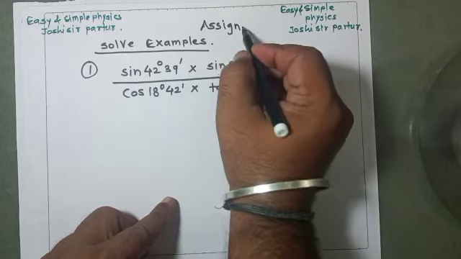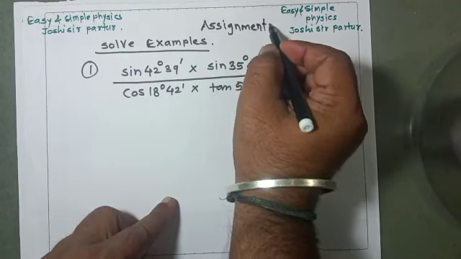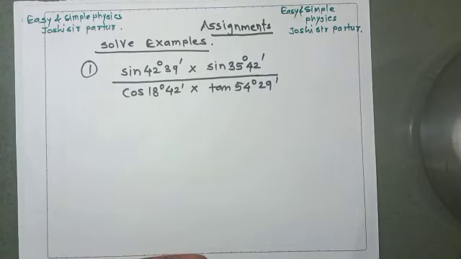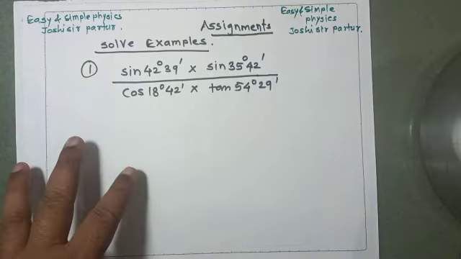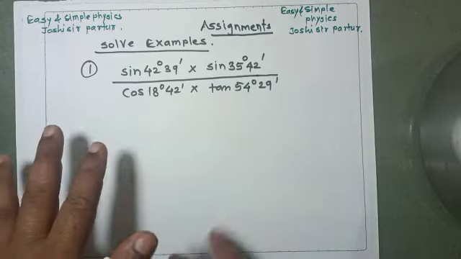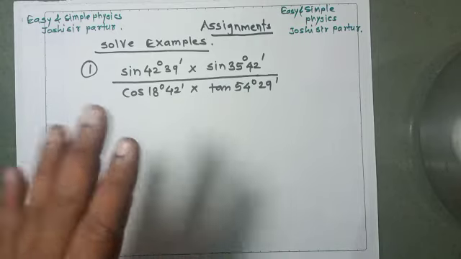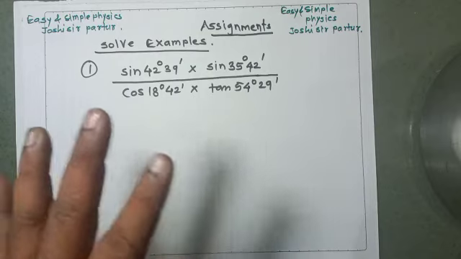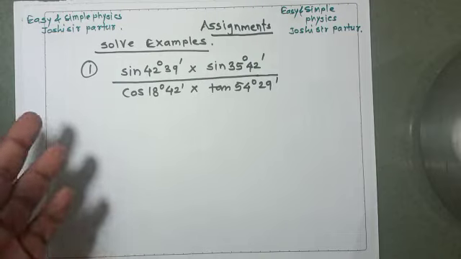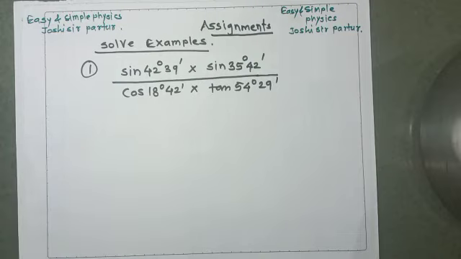So the assignment gives 3 numericals, 3 problems. For solving the 3 problems, you get perfection in calculation. When you are perfect in calculation, then you can solve various types of numericals asked in the subject physics as well as the subject chemistry.